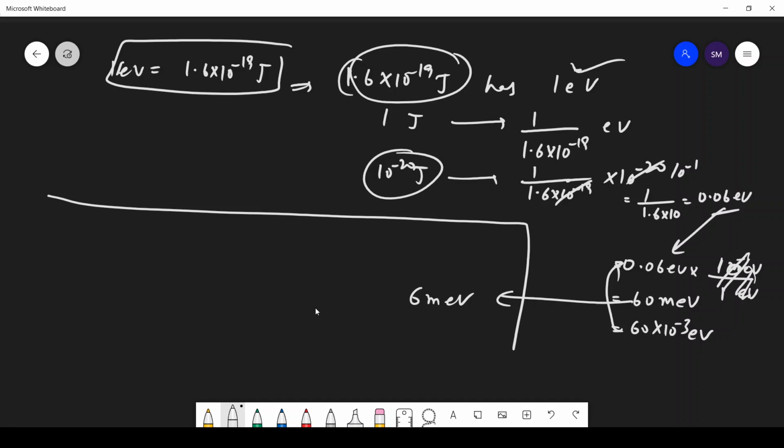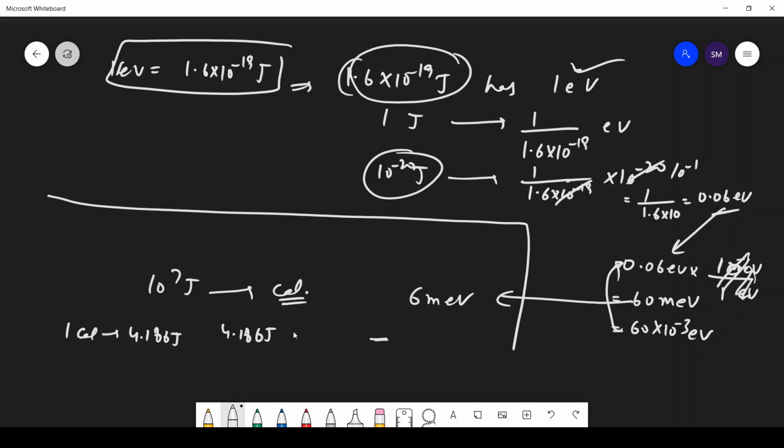Now you have to convert the daily intake of a human adult, 10⁷ joules. This is the total energy that we take in a day, and change it into calories. So simple, the conversion from table 6.1, 1 calorie is equal to 4.186 joules. So I want to change it into calories. So again unitary method, so write this calorie here, okay, I want calorie here.